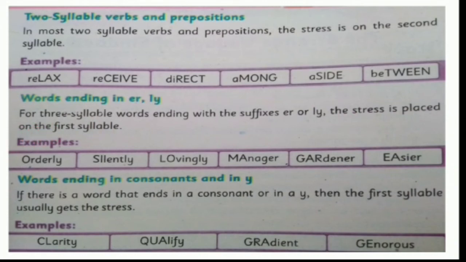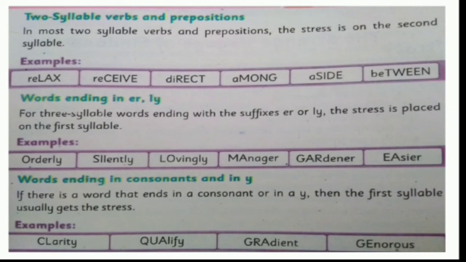Usually when it comes to ly, we take it as an adverb, but let's generally consider it as a suffix here. And as earlier, we have to also consider that we are talking about three syllable words.